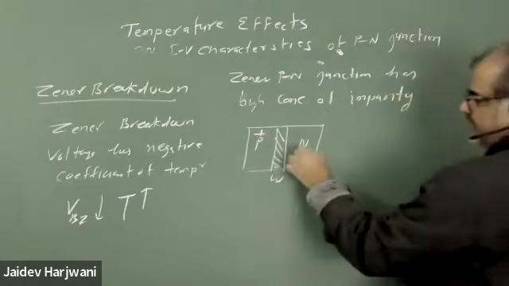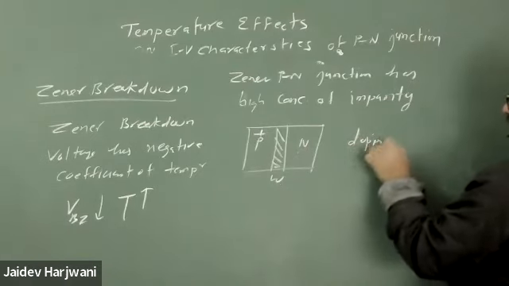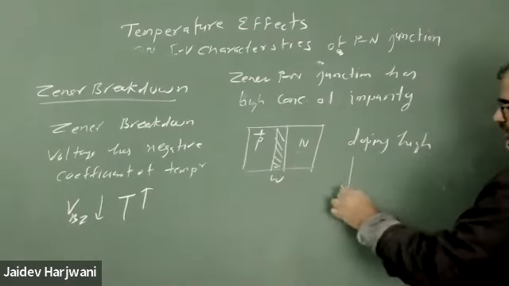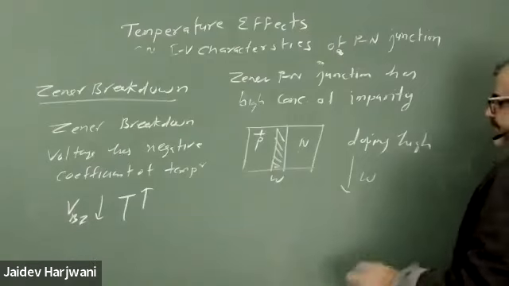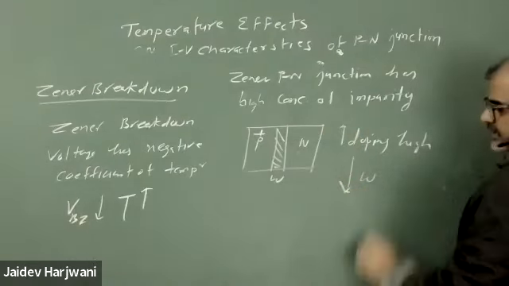When doping is high, we have seen the width of the depletion layer decreases.